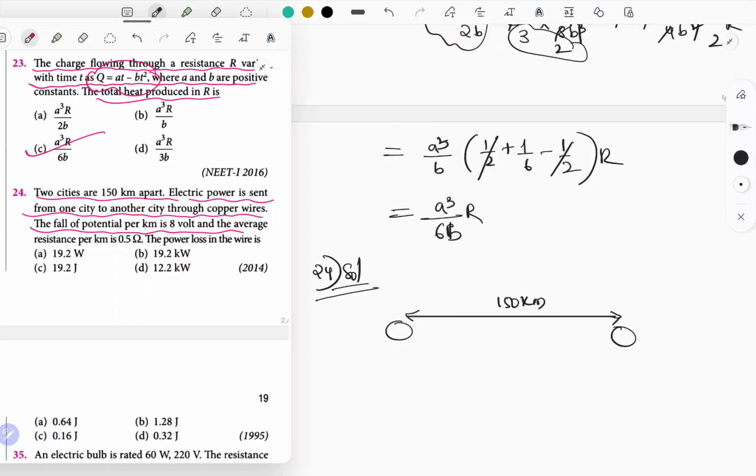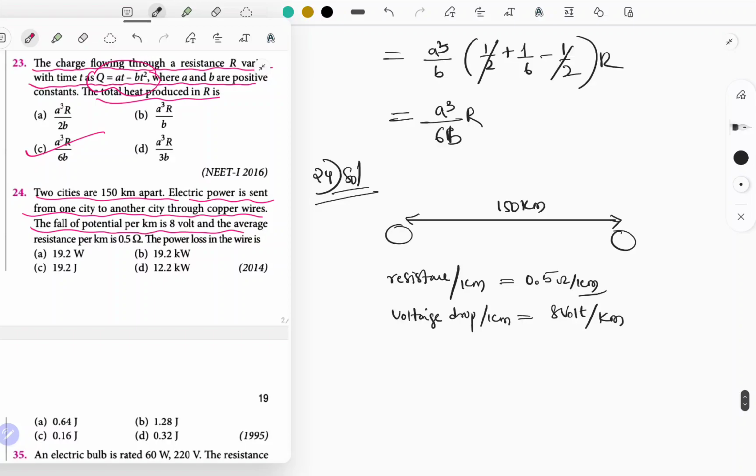And average resistance per kilometer is 0.5 ohm per kilometer, and voltage drop per kilometer is 8 volt. The question they are asking is the power loss in the wire.